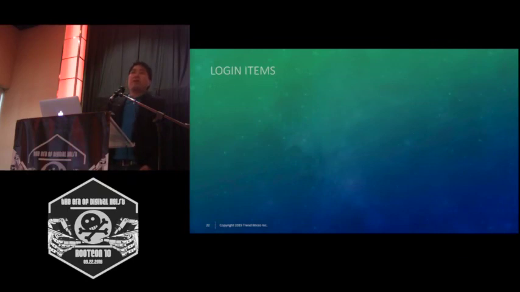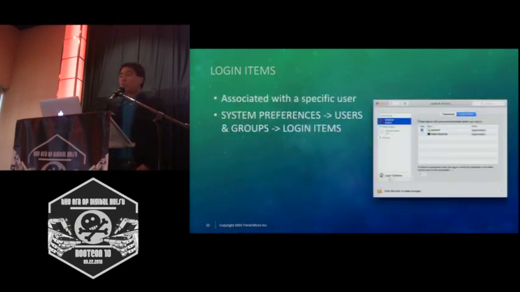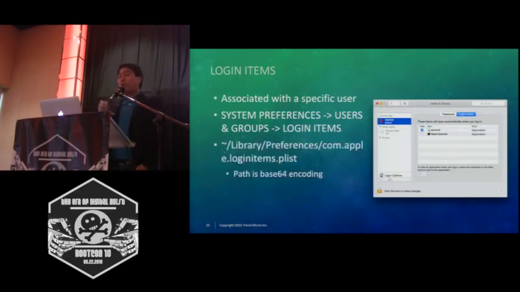Another type of persistence that a malware could leverage is the login items. Login items are persistence pertaining to a specific user. So users or malware could add themselves to the login items, which could help the malware load up when you reboot the machine.